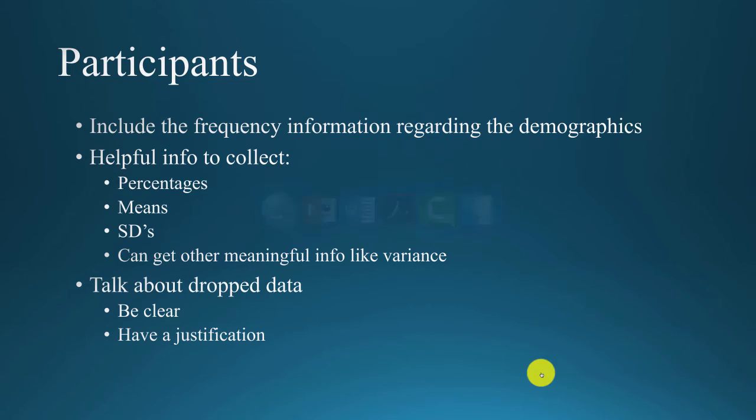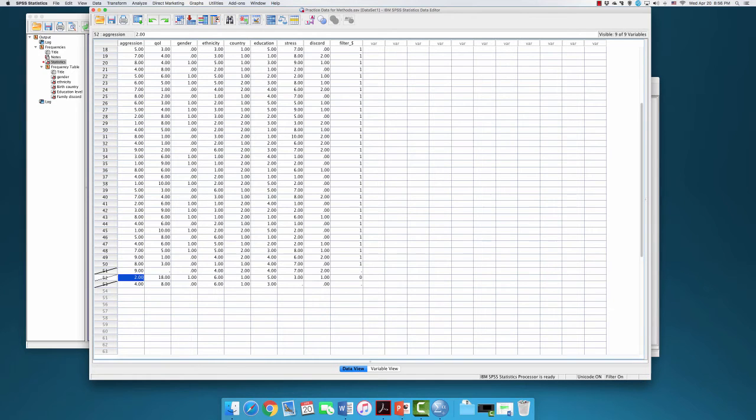Okay, so back to that. So you want to say, for example, I dropped 3 data points because the participants either forgot to answer a question or they had given a response that didn't lie within the options given. So that's a very specific reason why you got rid of the information.